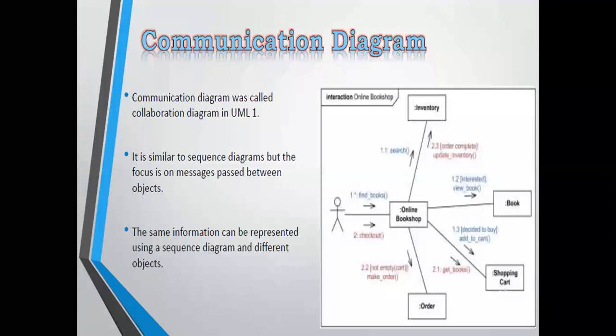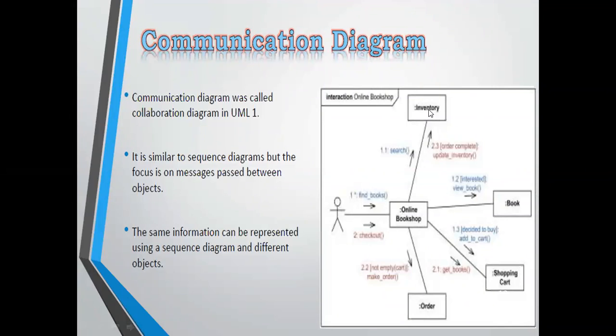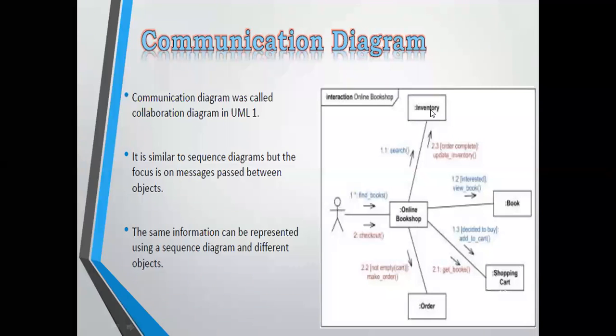Here you can see this diagram is for an online bookshop. There are several objects: inventory, book, shopping cart, and order. These are the objects. Here you can see the actor. We are going to pass messages between those objects. Here, to find the books, we are going to pass a message to the online bookshop object. Then the searching message will be passed to the inventory system.